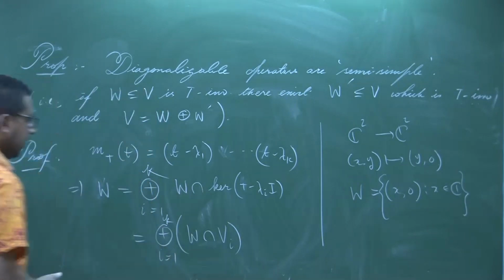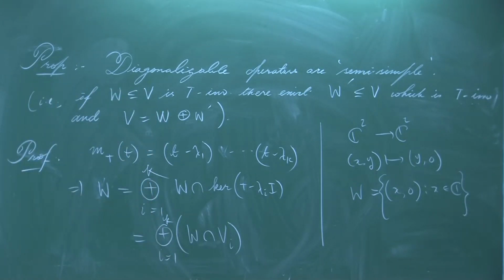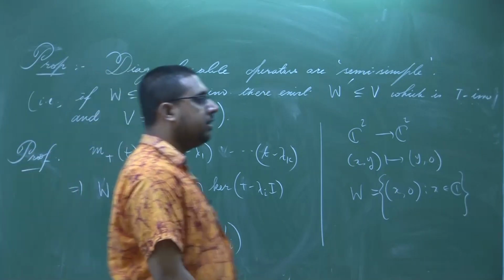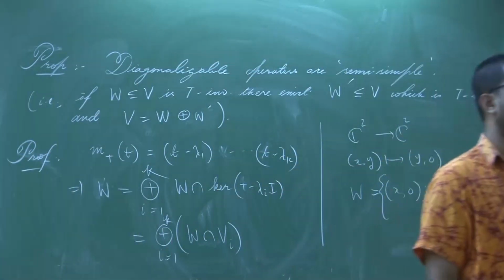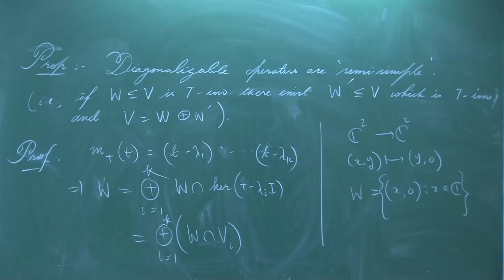Now, the interesting part is: what is the restriction of T on each of the Vi's? Vi is an eigenspace, so on Vi this is just scalar multiplication.